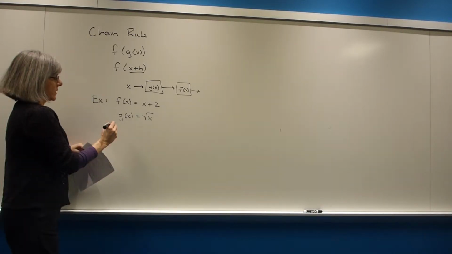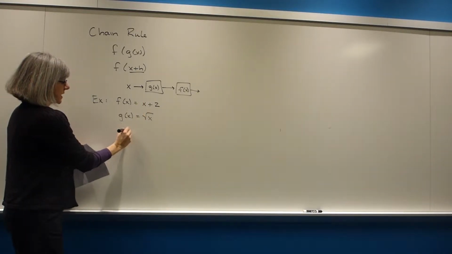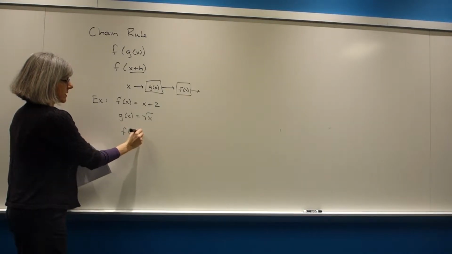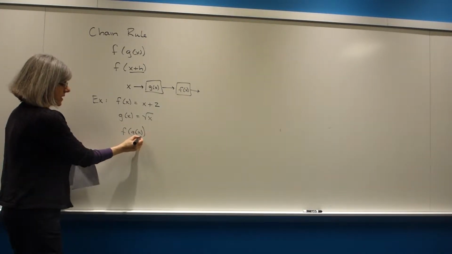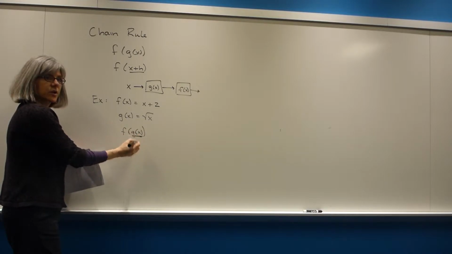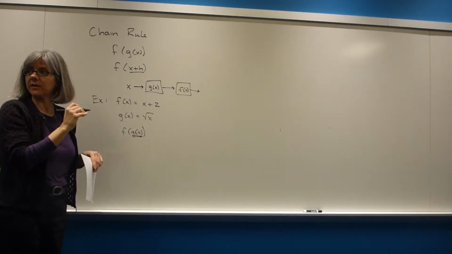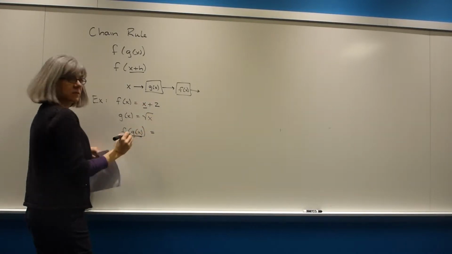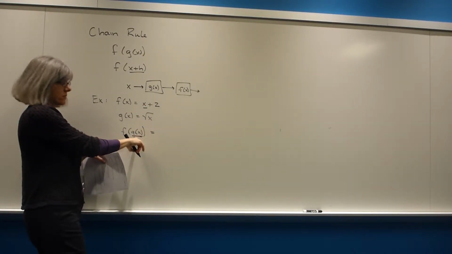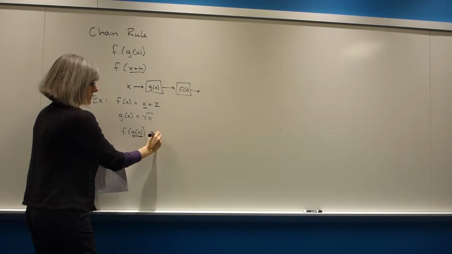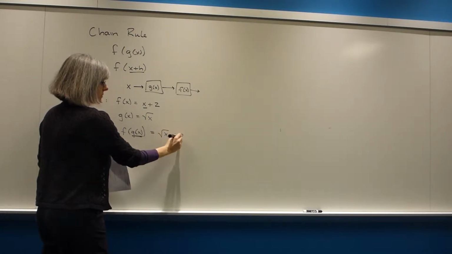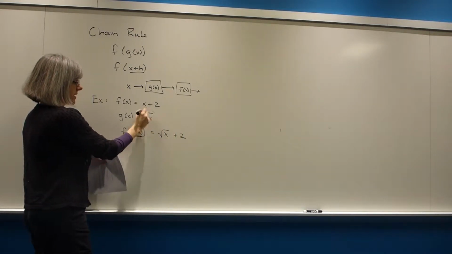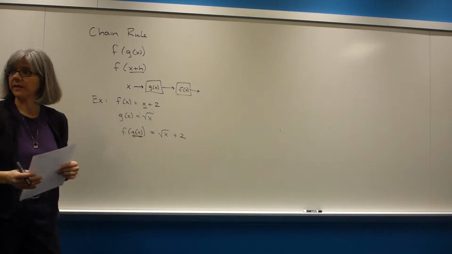All right, so let's look at f of g of x. This means whatever is in here goes in everywhere I used to have an x in the original function. So what was my original function? It was x, which is now square root of x, plus 2. So this g of x went in everywhere I used to have an x.